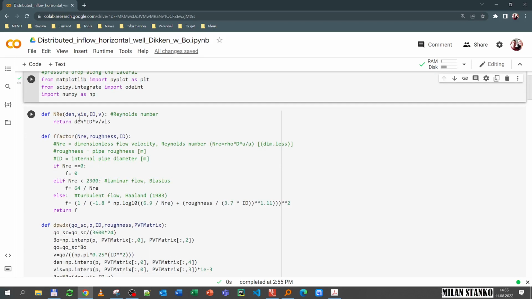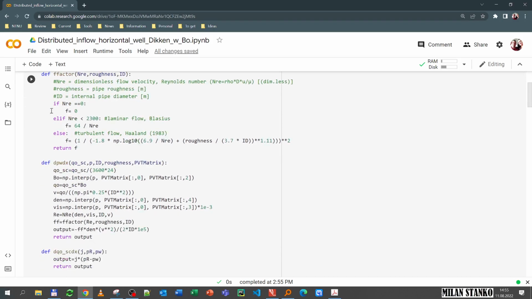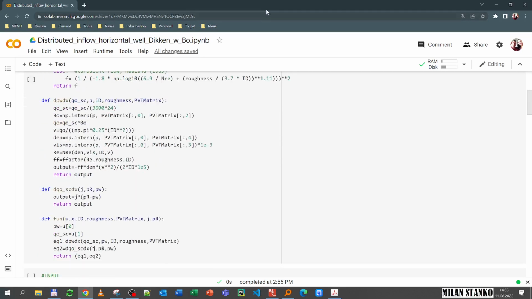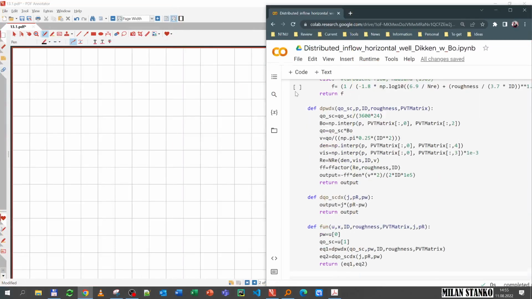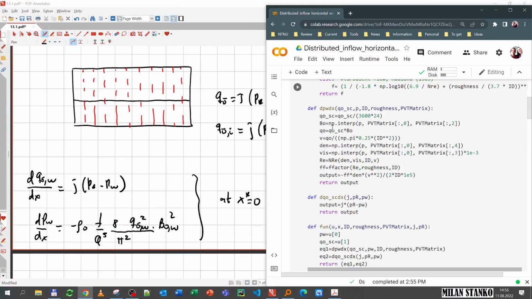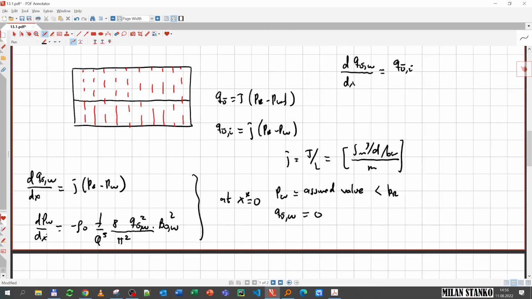Okay, now the second block that I have is the definition of the functions that I'm going to use. So I need the friction factor, and to calculate the friction factor, I need the Reynolds number. So I have programmed this. And then I have this equation, dpw dx, which is actually this equation that I have here, the equation to the left.